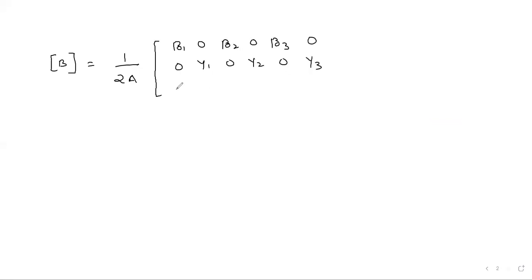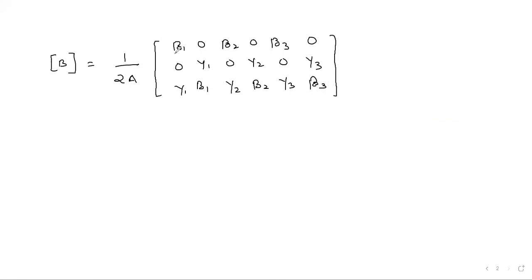So a strain displacement matrix values we know that can be written as 1 upon 2 into area, 2A, here beta 1 0, beta 2 0, beta 3 0, then starting again 0, gamma 1 0, gamma 2 0, gamma 3, and then here we will have gamma 1 beta 1, gamma 2 beta 2, gamma 3 beta 3.